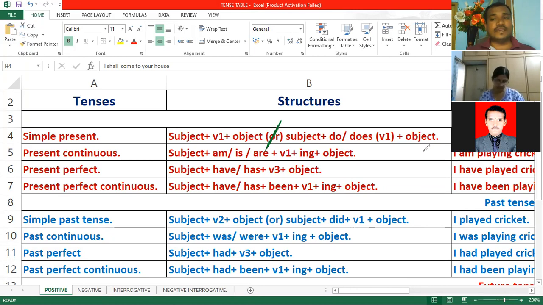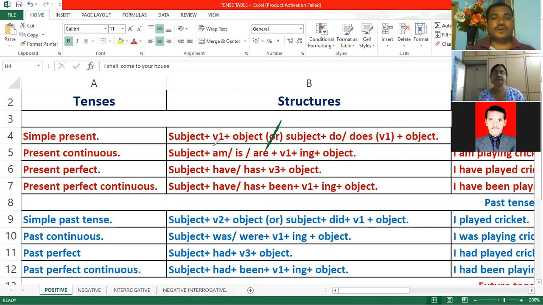I do speak English, like that. I speak English is one style; I do speak English is the second style. So these are two structures for simple present tense.